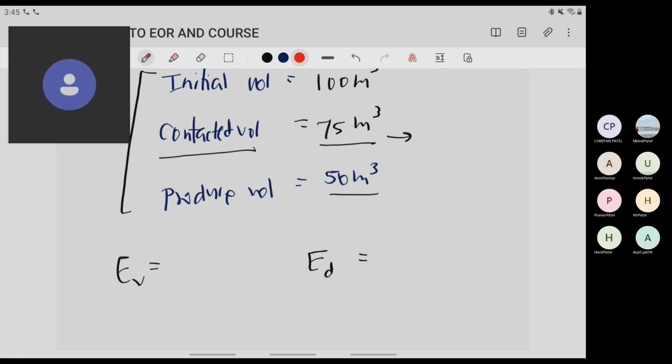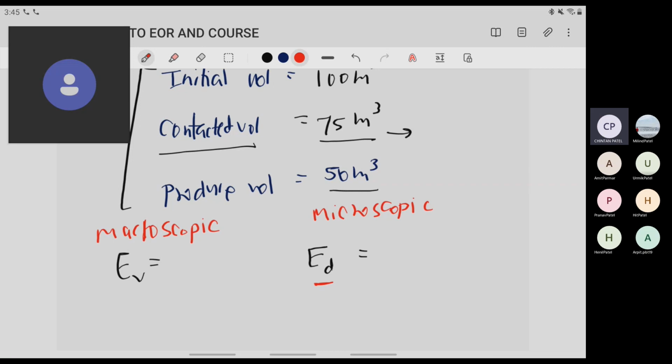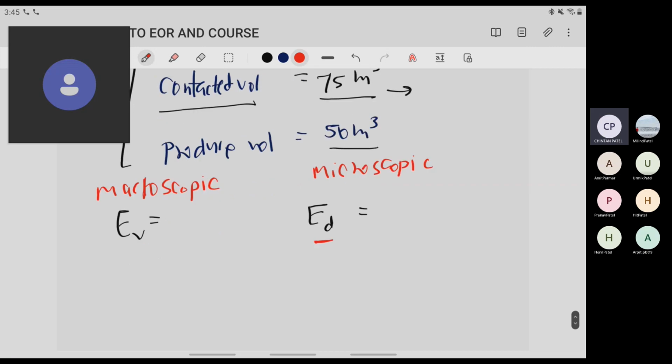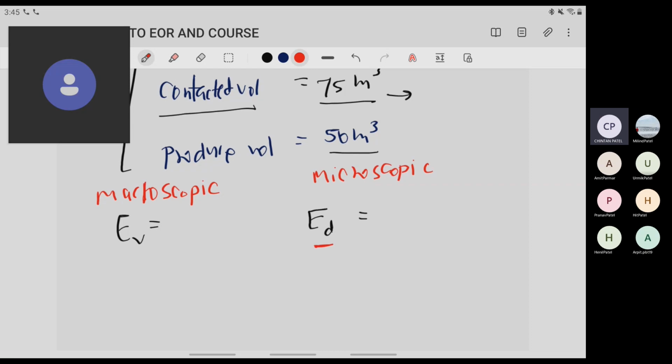So this is microscopic displacement efficiency, and this is macroscopic efficiency. Let me correct if this is not the case with standard books, but I am considering ED as the notation for microscopic and EV for macroscopic.